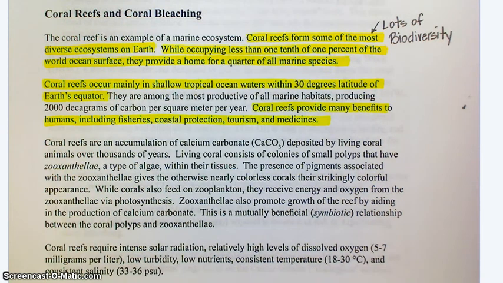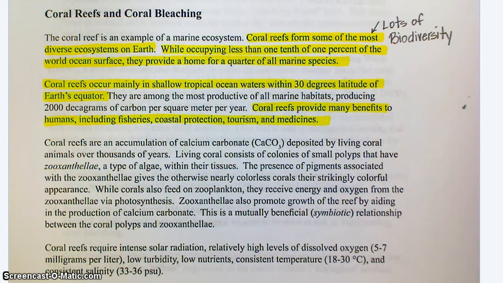All right, coral reefs are an accumulation of calcium carbonate deposited by living coral animals over thousands of years. Living coral consists of colonies of small polyps that have zooxanthellae, a type of algae, within their tissues. The presence of pigments associated with the zooxanthellae give the otherwise nearly colorless corals their strikingly colorful appearance.